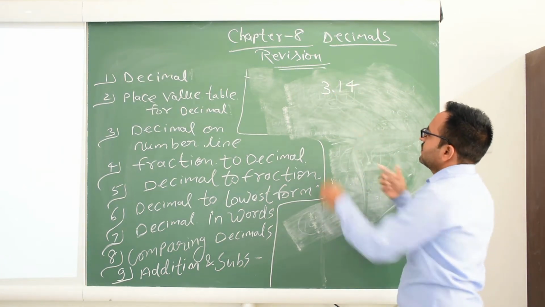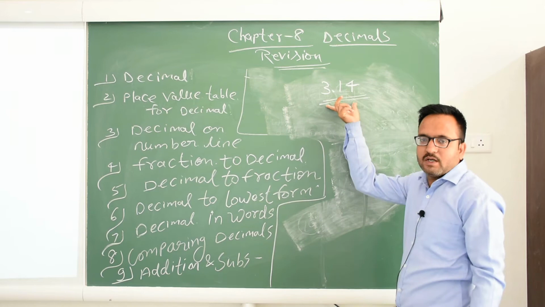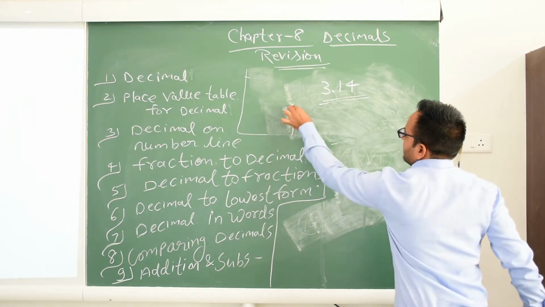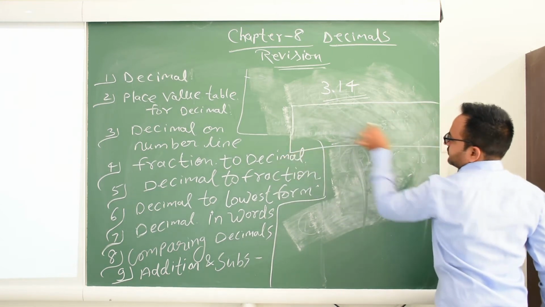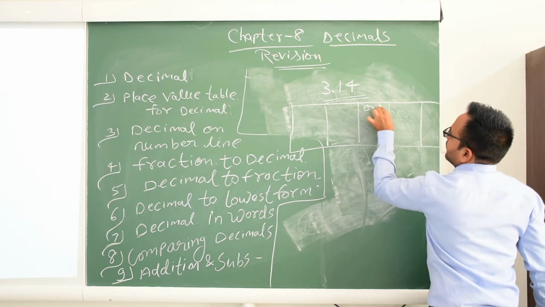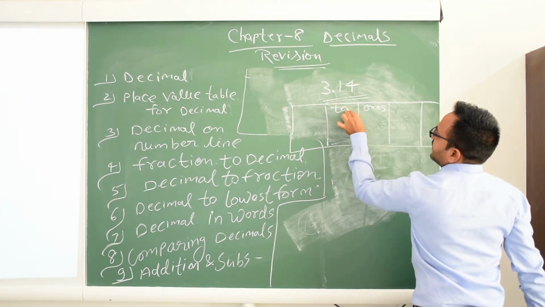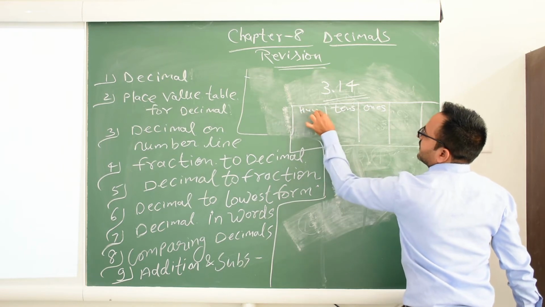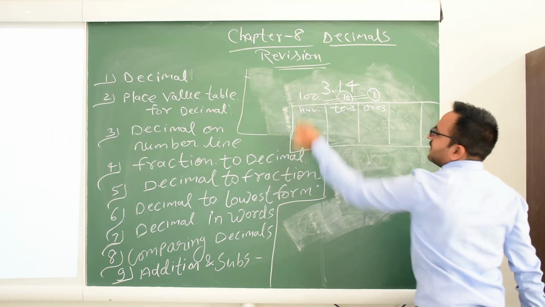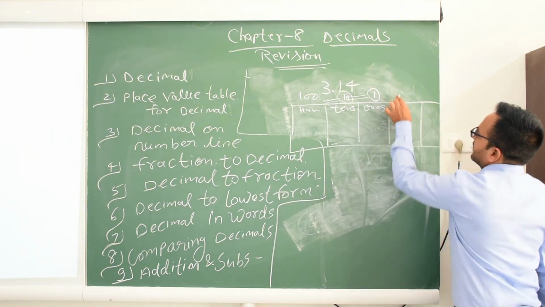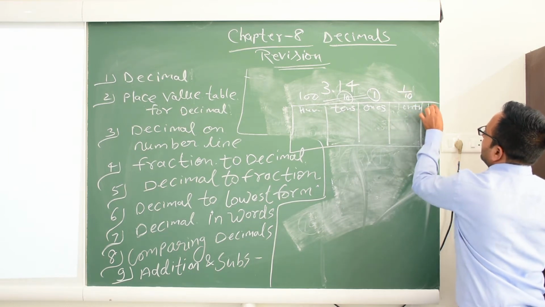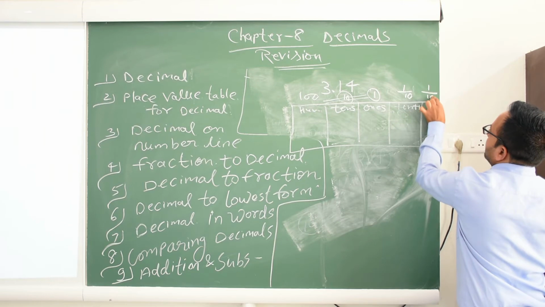3.14. So how do we put the numbers in a place value table? Here we have ones, tens and hundreds. But after the decimal point we put tenths, that means 1 upon 10, and hundredths, that means 1 upon 100.